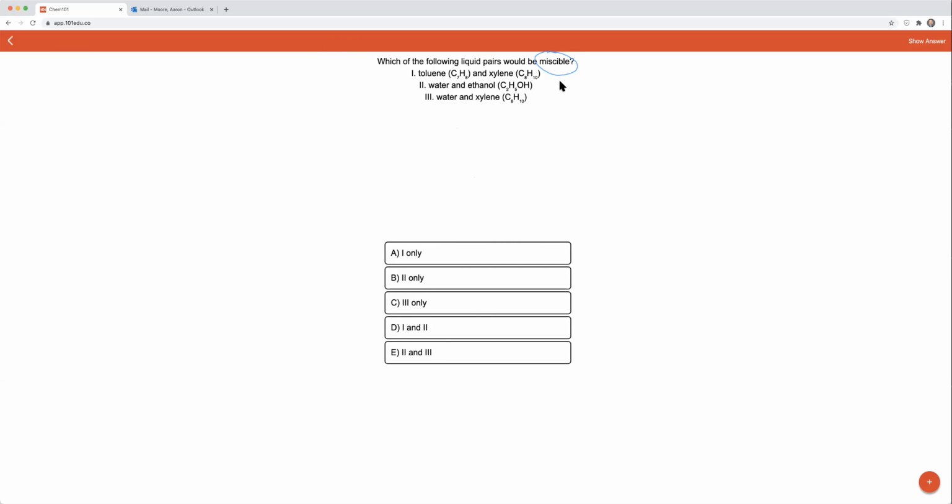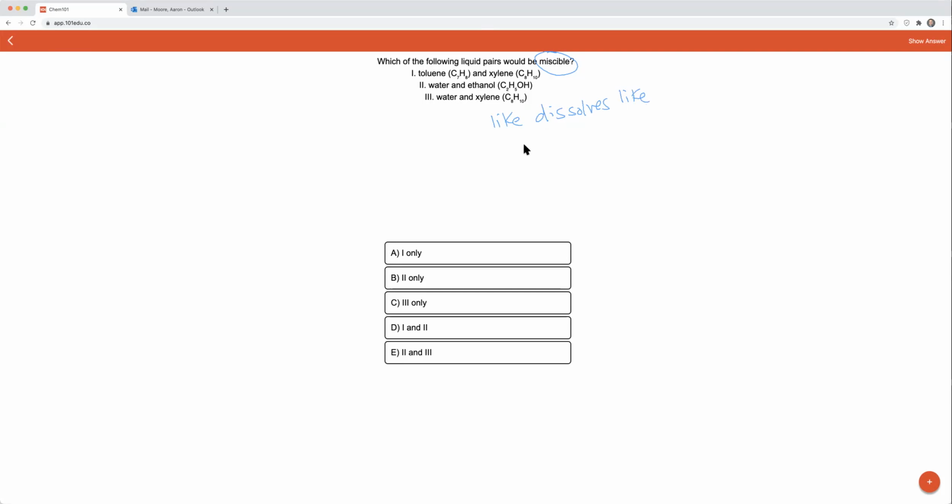They mix together to form a uniform mixture in any proportion. You can have a third of one and two thirds of the other, or half of one and half of the other. It doesn't really matter, but they mix together perfectly. The other thing that's important to answer this question is to remember that little saying, like dissolves like. Like dissolves like.